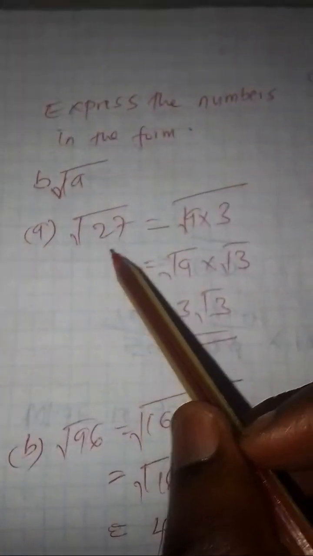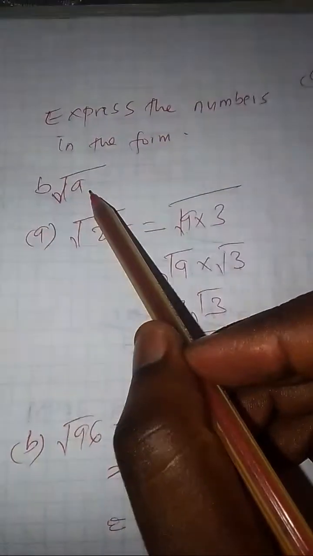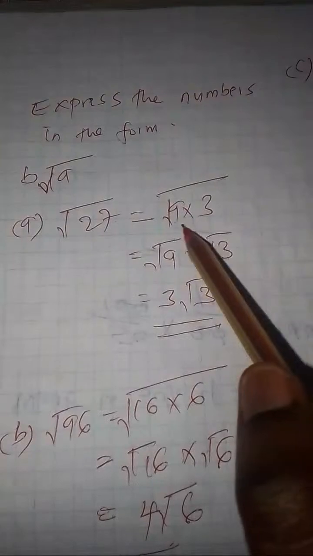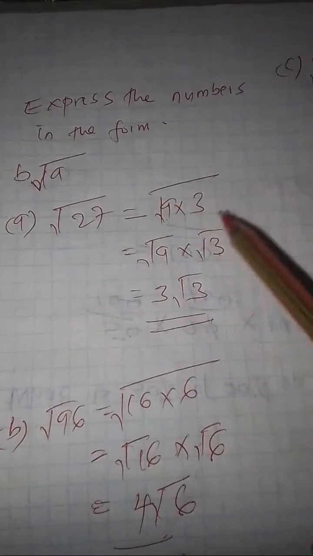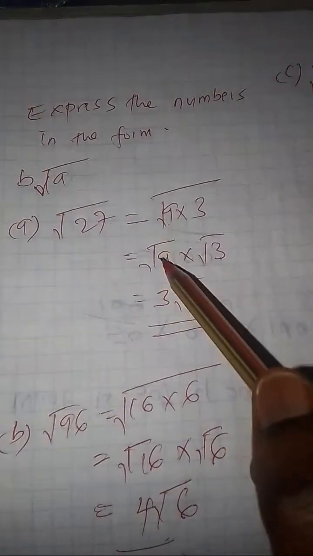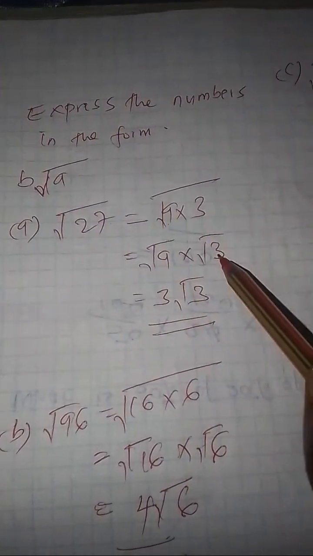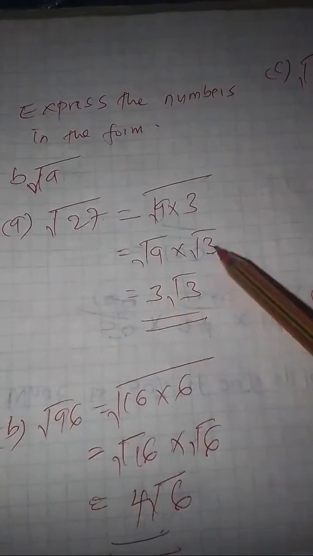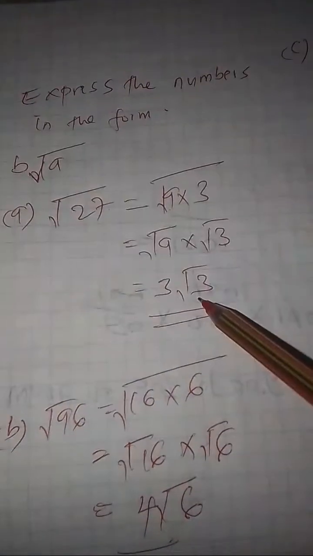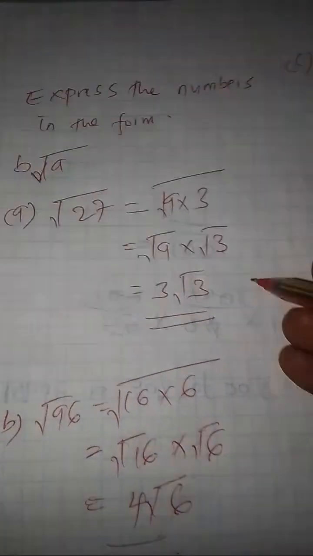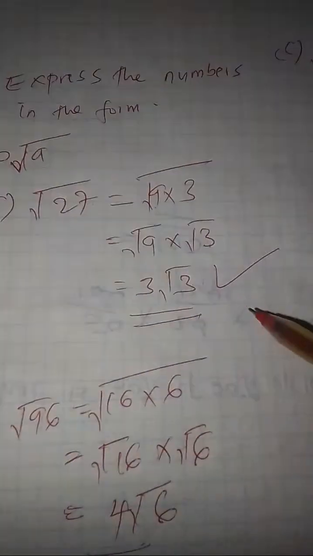It started with root 27. Root 27 can also be written as 9 multiplied by 3. So we separate root 9 by root 3. Root 9 becomes 3 because the square root of 9 is 3. Then 3 doesn't have a square root, so it remains 3. So we shall have 3 root 3, and this is now the answer.